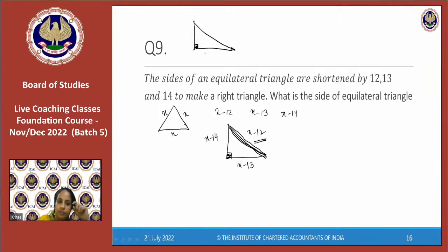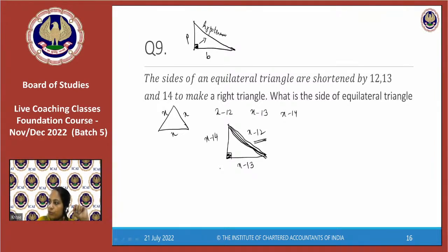The side which is below this angle is the base. The side which is on the top is the perpendicular. The side which is exactly opposite to this 90-degree angle is known as hypotenuse. And for your information, hypotenuse is always the biggest side.